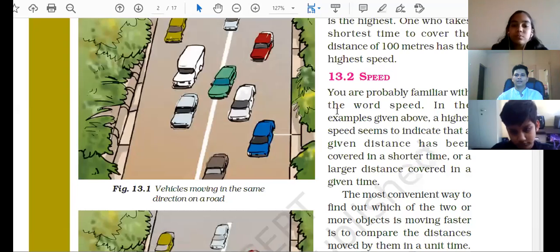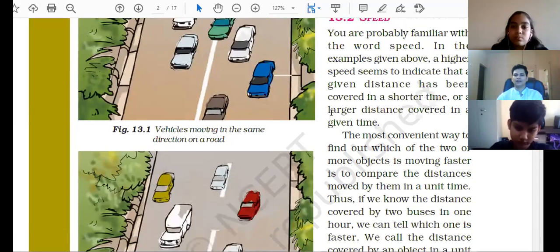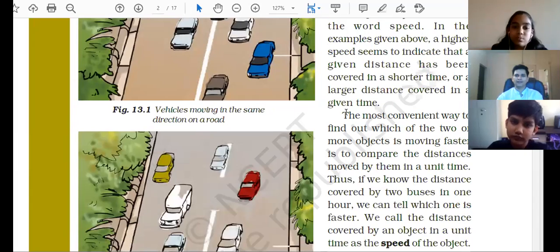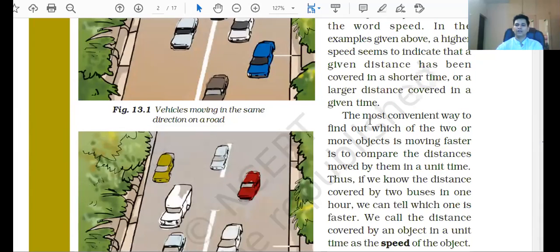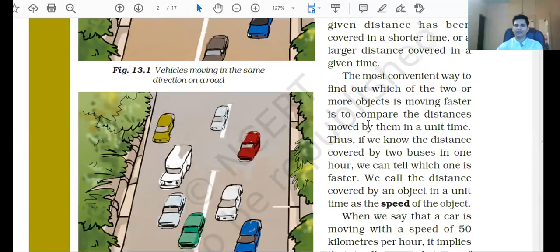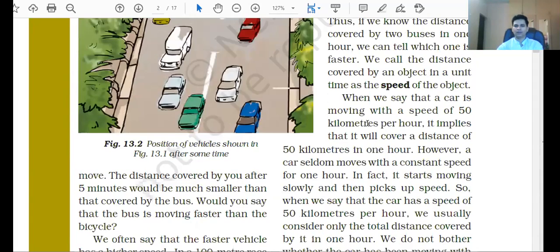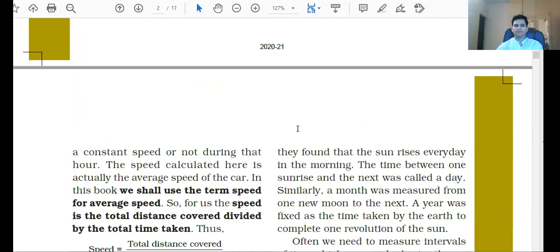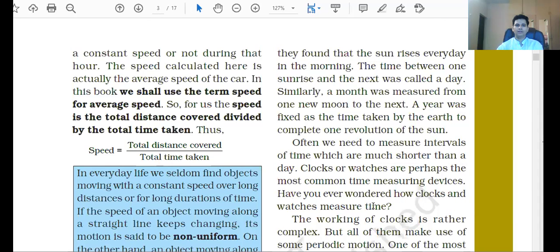The second concept is speed. We studied that speed is the distance covered by any object in the time taken. Speed is equal to total distance covered divided by total time taken. Right, everyone? This is very interesting.